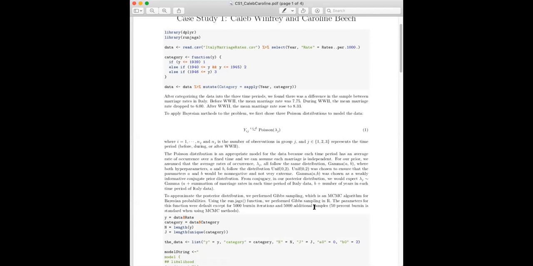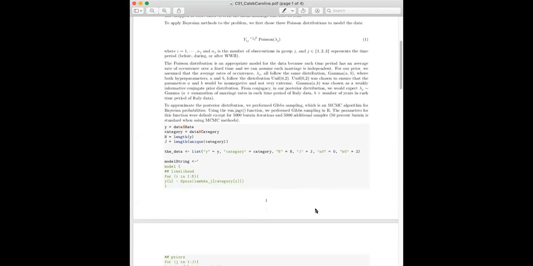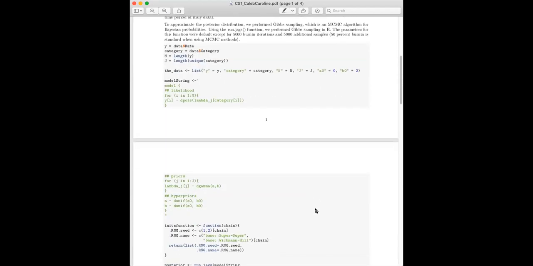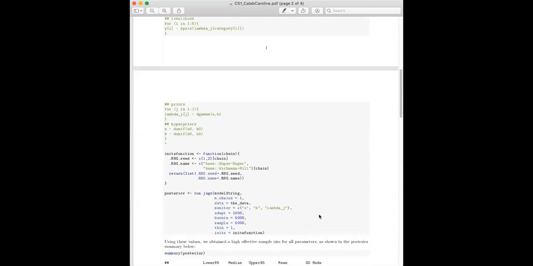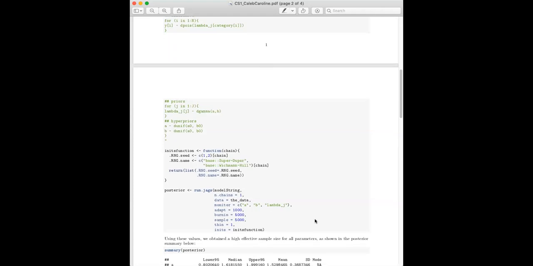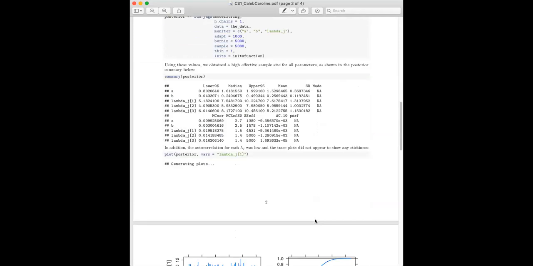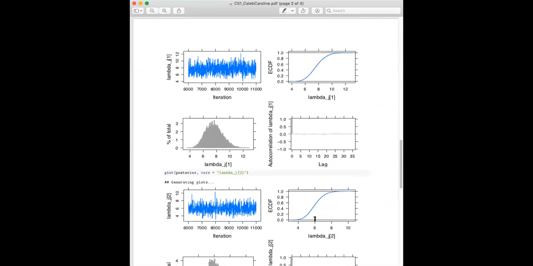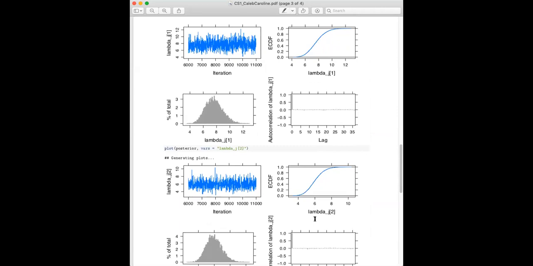Then we used JAGS, and we used the same amount of burn-in and samples that we had done in class for the K-drama data. Even without any thinning, we got a high effective sample size, there wasn't really any stickiness in the trace plots, and the autocorrelation was very low.